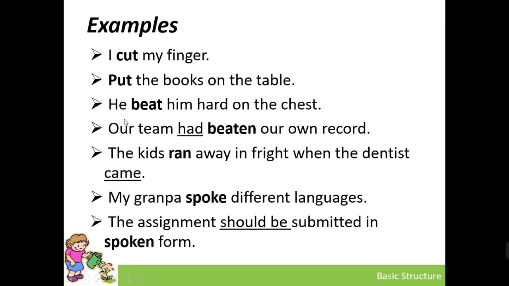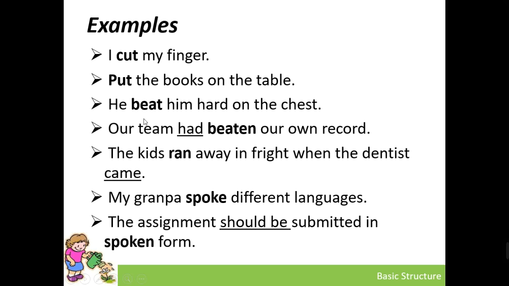The next example is "He beat him hard on the chest." Here we have the word beat. Beat has the pattern AAB, meaning that verb 1 and verb 2 of this word are the same. So this word can be present or past tense.